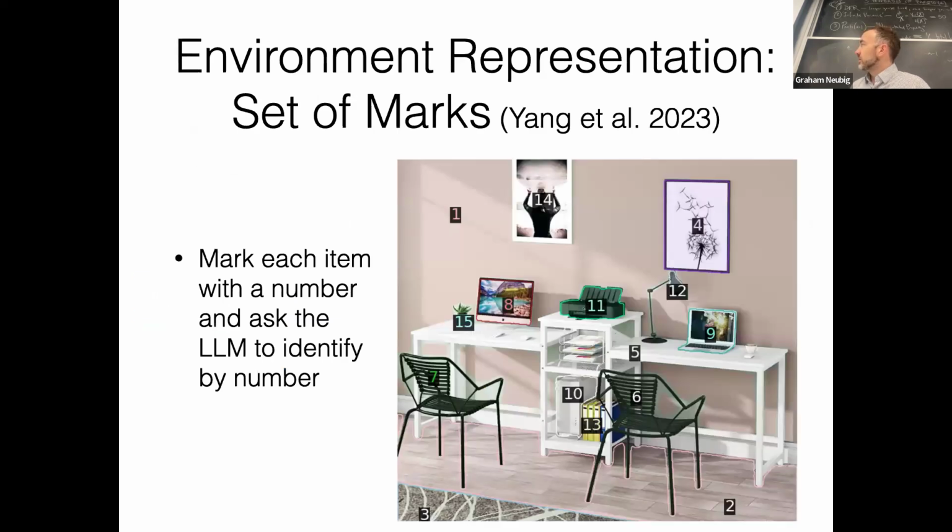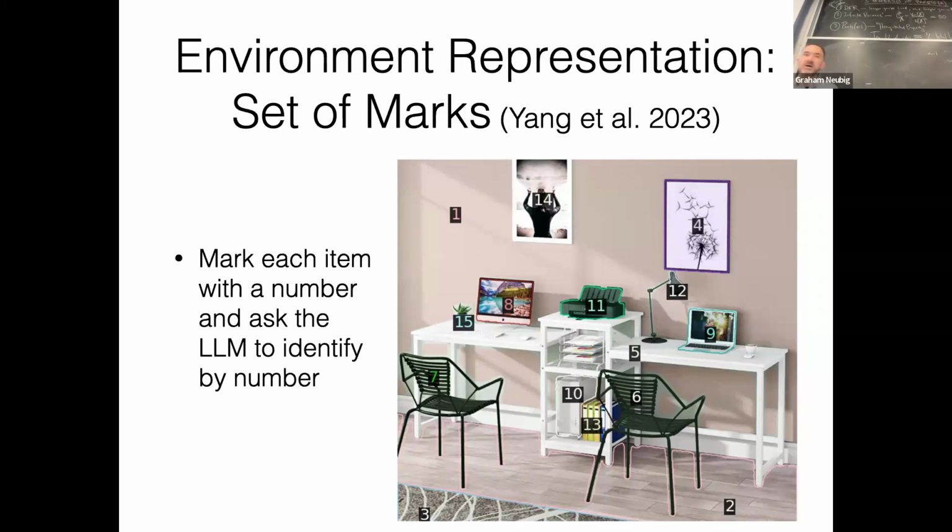Finally, another important advance that's used pretty widely in these models is something called set of marks. Set of marks is where they basically do some variety of object recognition, and then they mark each object with a number. So if I want to go to this chair, and there's two chairs in here, it will say, I want to go to chair 6.